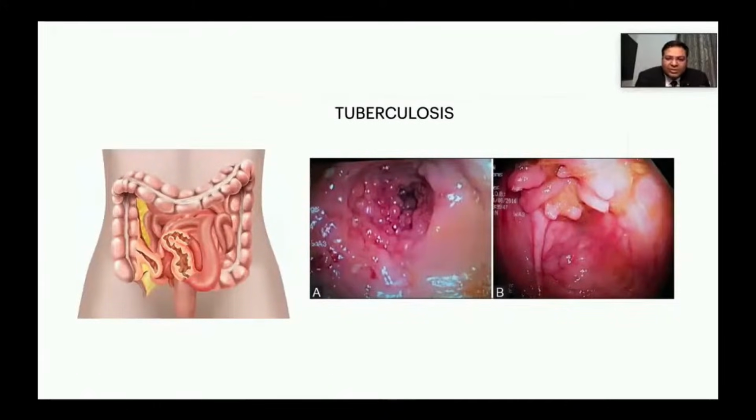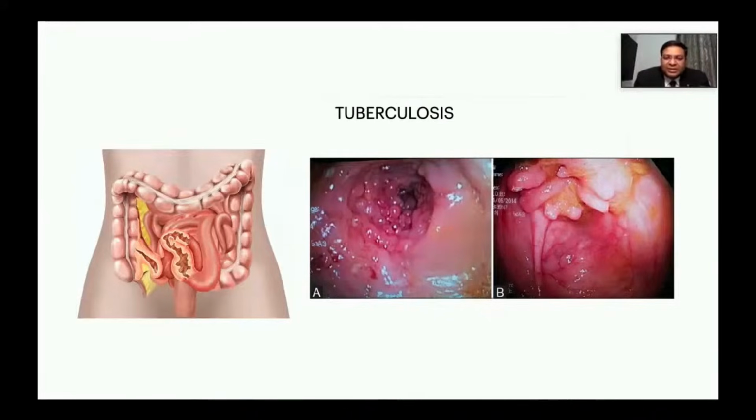Next, one more cause common in our country is tuberculosis. Tuberculosis, we all know, mostly affects the lung, but it can affect abdominal organs also. Intestinal tuberculosis can mostly be treated by tablets, so rarely will we come across tuberculosis causing obstruction.